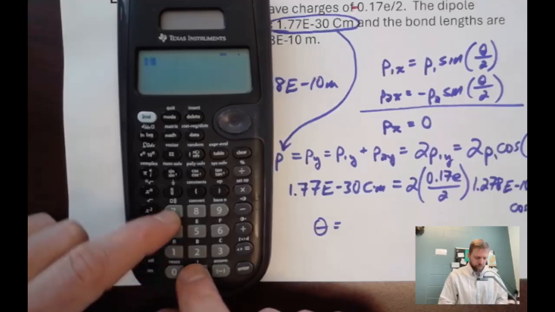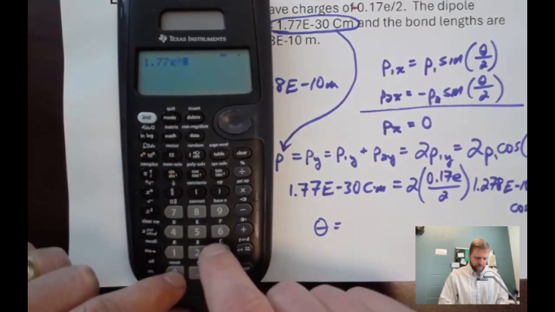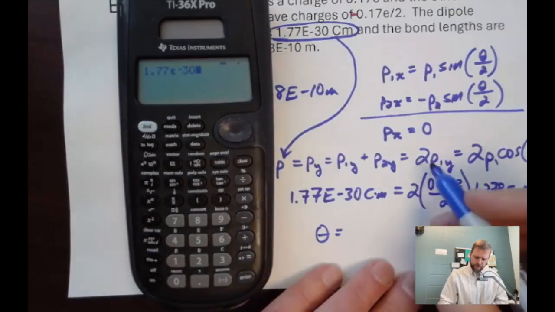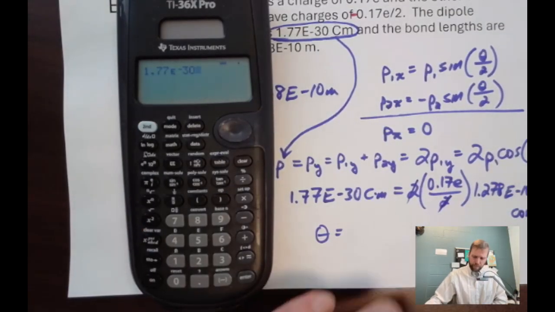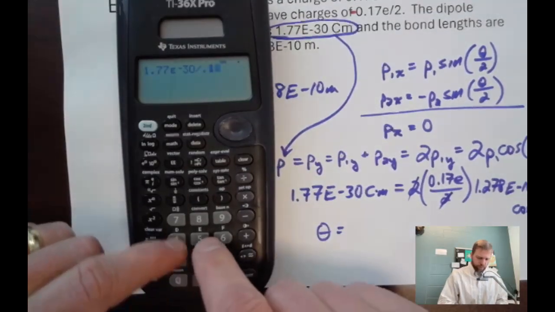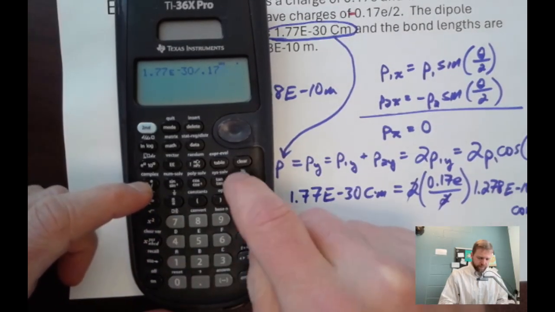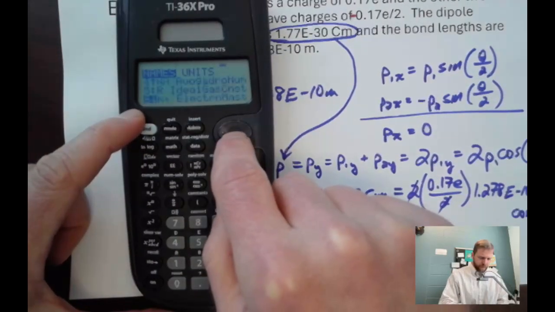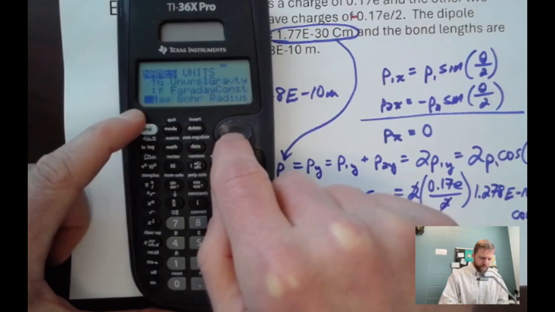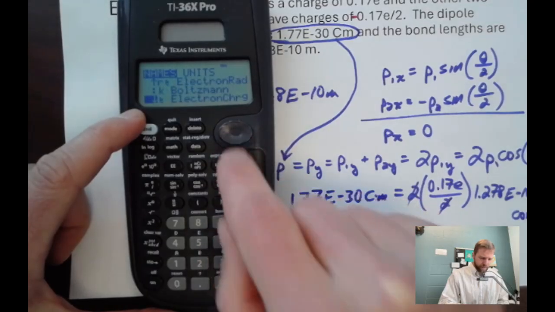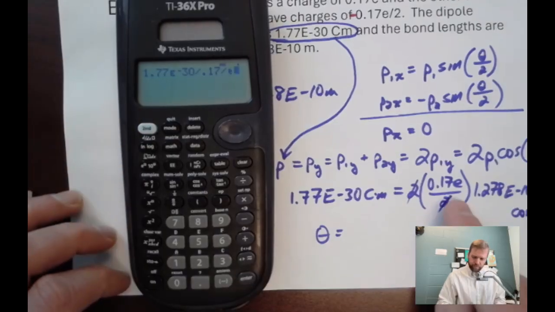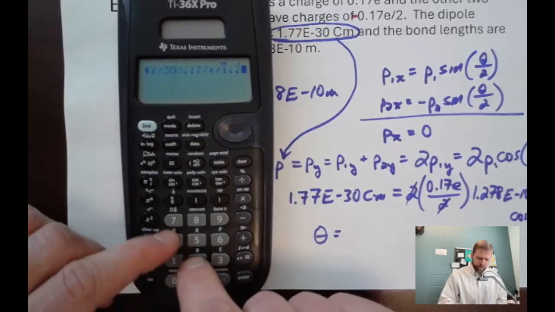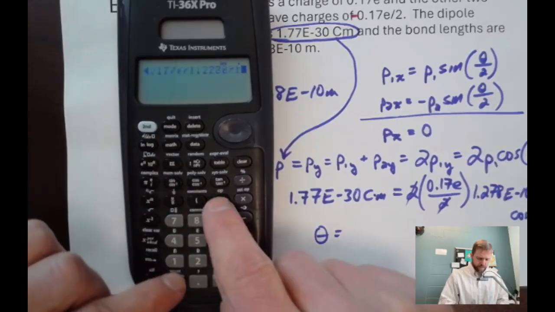Okay, so we're going to take 1.77 E minus 30. These twos cancel. Divided by 0.17, and then I need to divide it by E, so I'm going to go with my constants, scroll down to the electron charge, and then I need to divide that by 1.278 E minus 10.